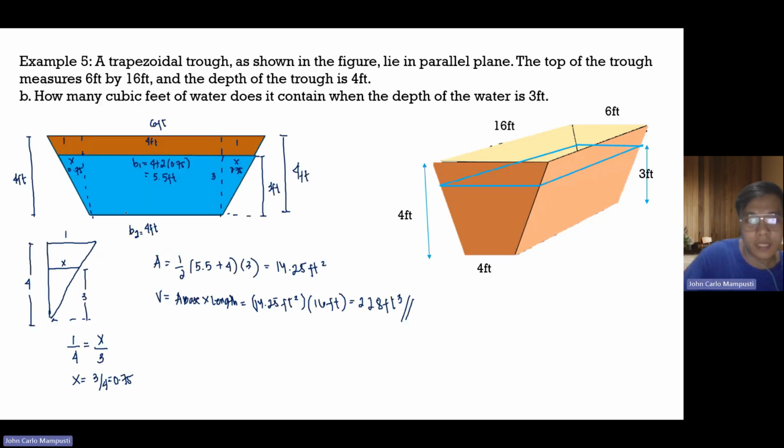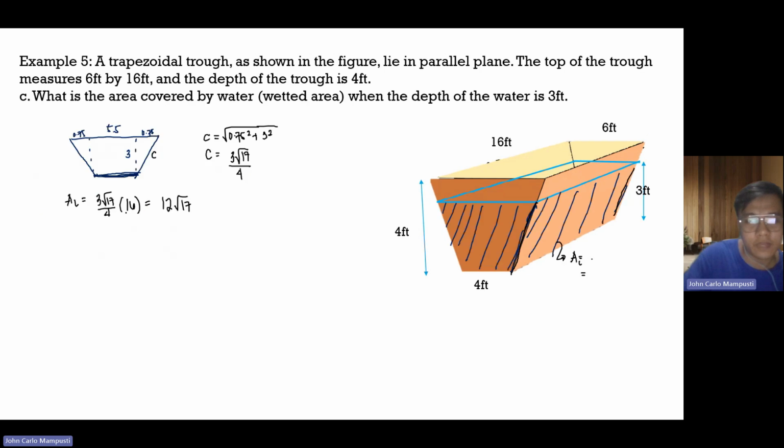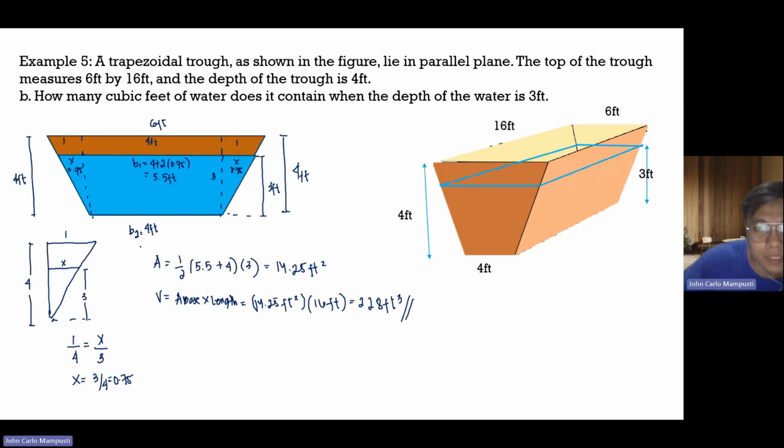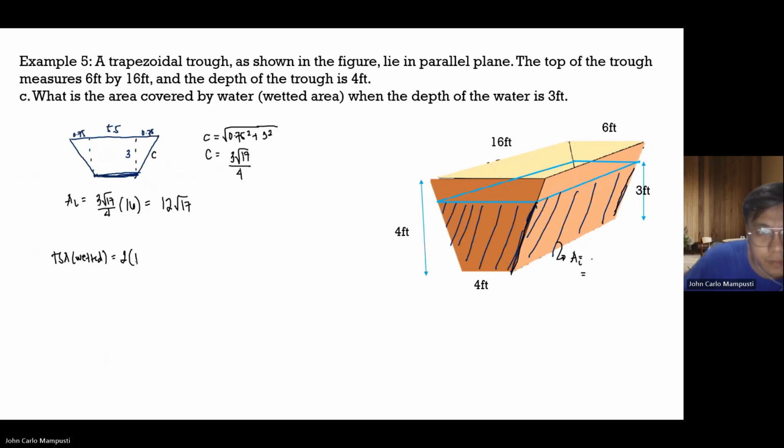Okay, ano yung na-compute nating area kanina? We have 14.25. This is equal to, okay, dalawang area, ina-compute natin yung base na 14.25 square feet. So, ito dalawa yan kasi isa pa dun sa kabila. So, plus 2 times 12 square root of 17 square feet. Okay, may nakakalimutan pa ba tayo? Ano sa tingin nyo?